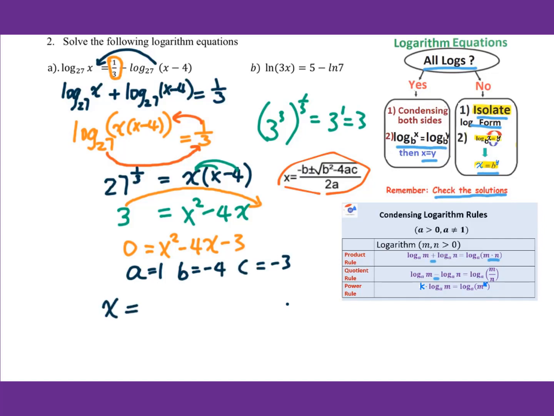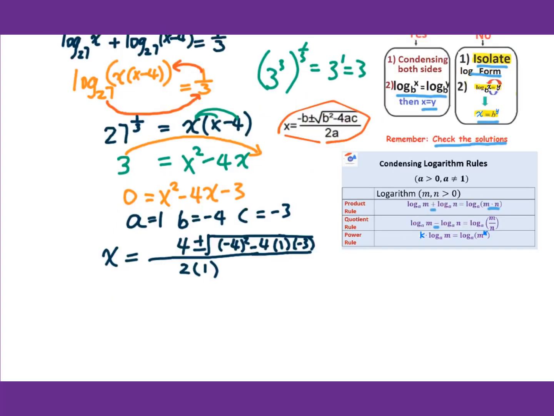Then x equals, over 2 times 1, the opposite of b is +4, plus or minus the square root of (-4) squared minus 4 times 1 times -3. So the denominator is 2, 4 plus or minus the square root of 16 plus 12, that's 28.